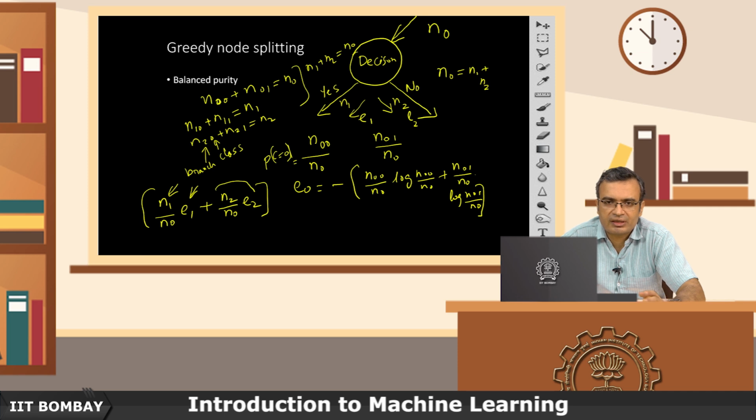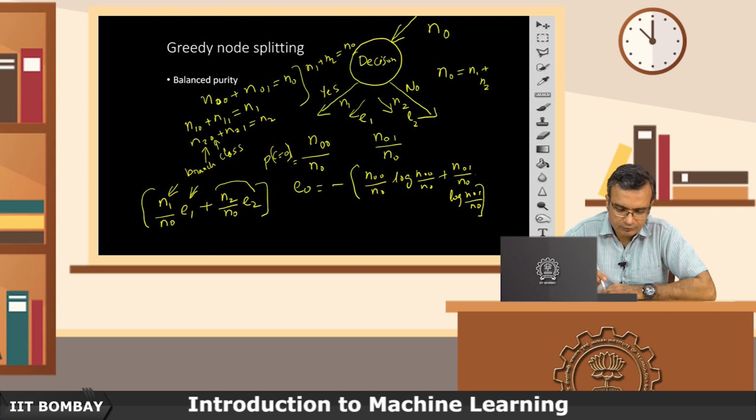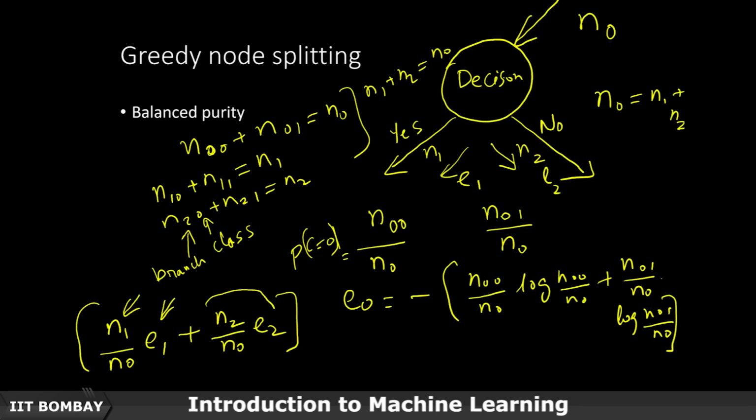So this gives us a sense of balance of how to do the node splitting. So now the decision that we have to make at each node is, for each variable and each available threshold, which variable and threshold combination gives us the maximum decrease in impurity, or the minimum weighted entropy.